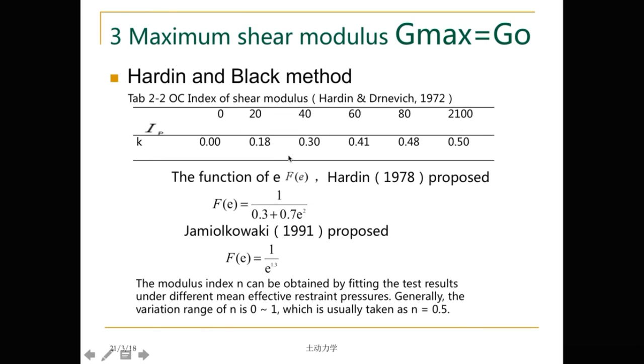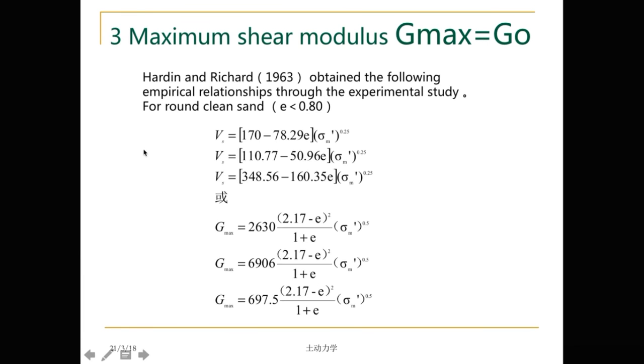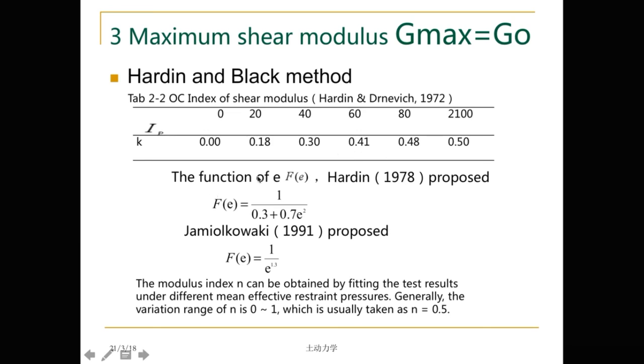Here, this is the table. If we know the plasticity index, we can find how much k is in this table. And for the function F(e), Hardin proposed an equation in 1978. F(e) equals 1 over 0.3 plus 0.7 times e squared.